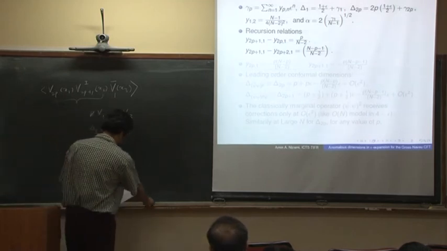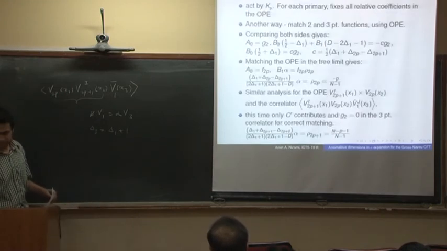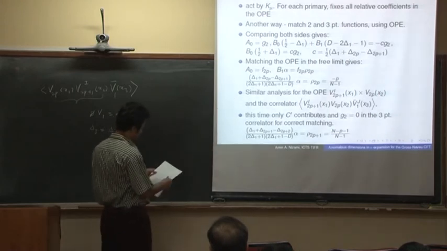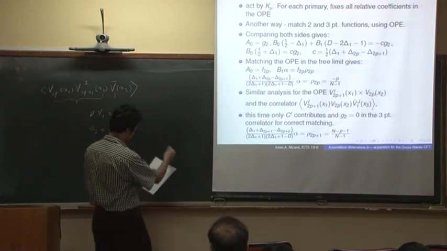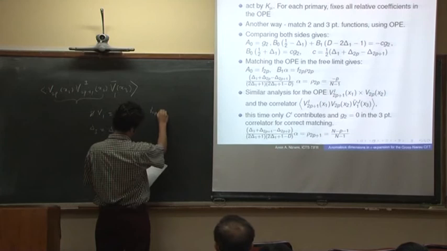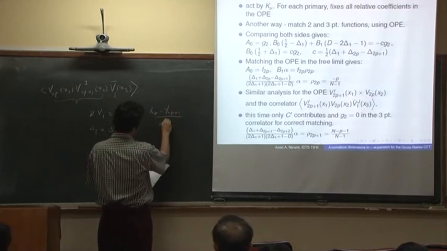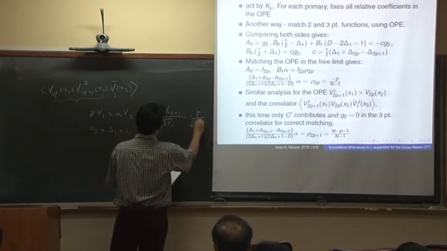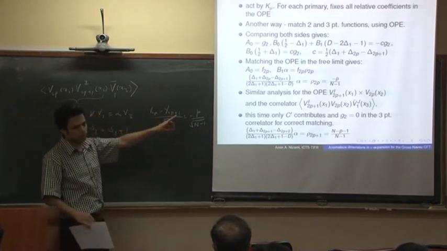So basically, if you look at this recursion relation here, let's say this one, and you write this as a classical piece plus an anomalous dimension piece, then that gives you this relation. It's basically the fact that alpha is the square root of gamma 1.